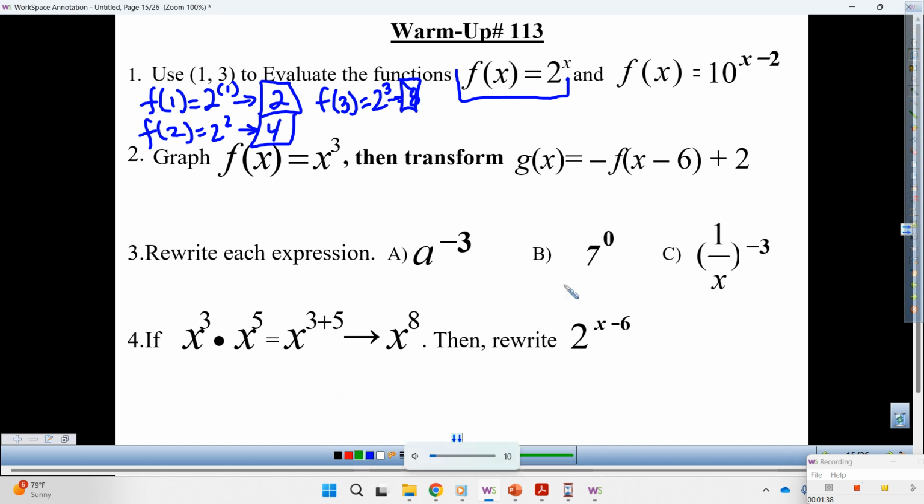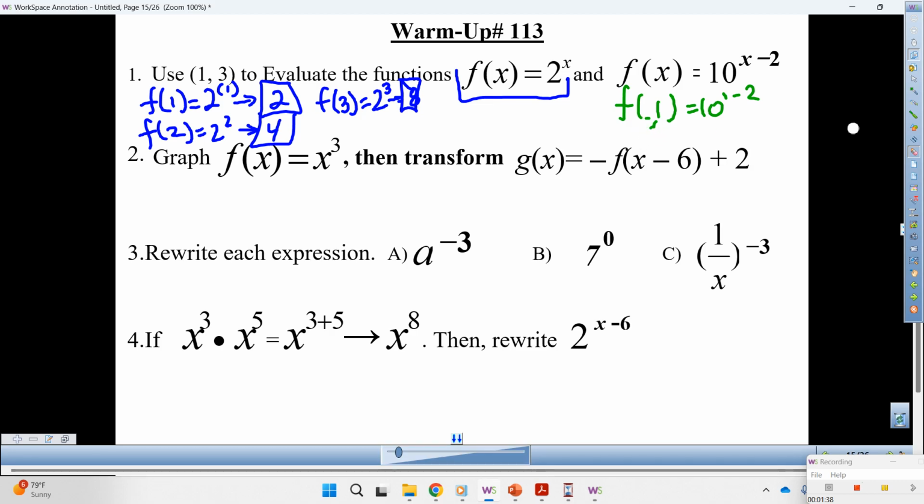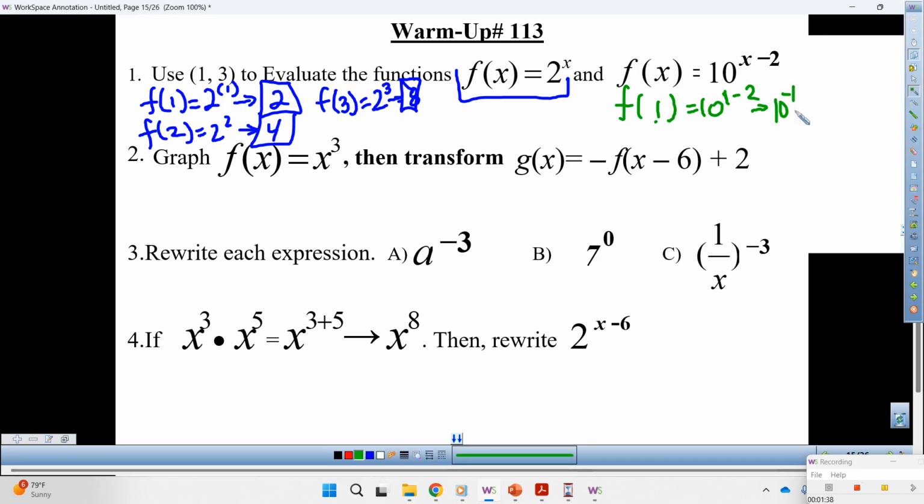Let's go to f of x base 10. So now we got 1. That is f of 1. Let me just write it to the side. That is 10 to the negative 1, which turns into 1 over 10 to the positive 1.